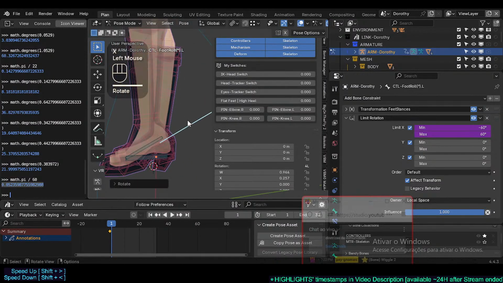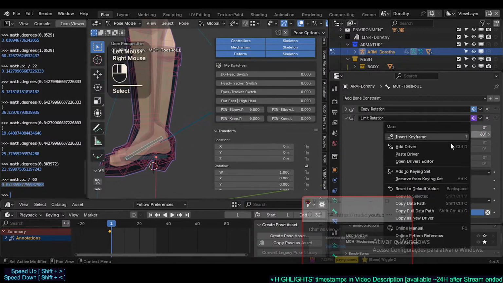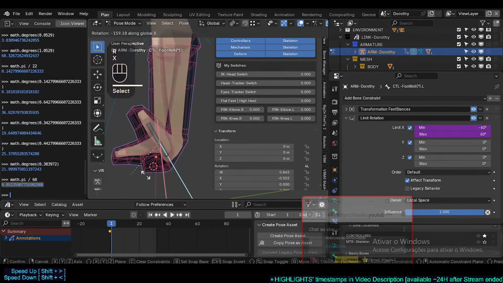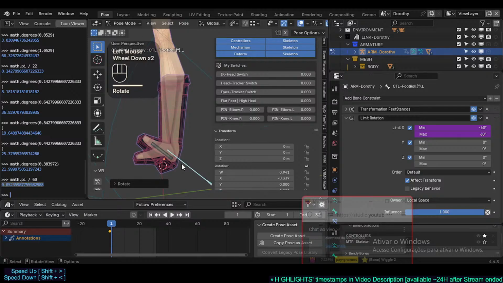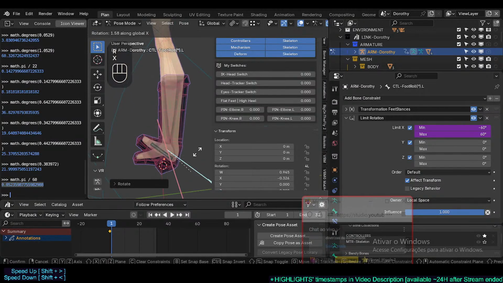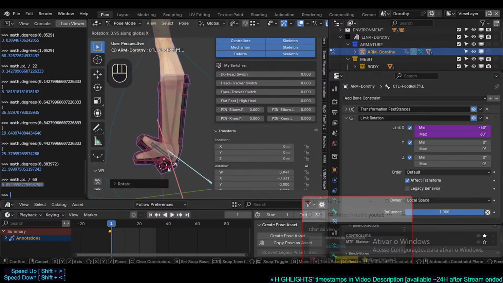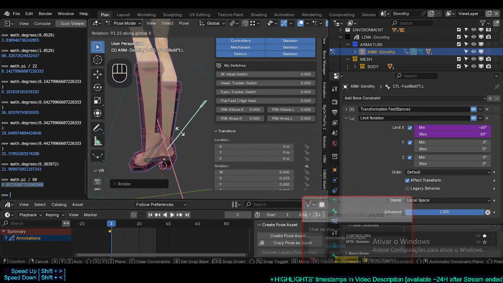Yeah, this is bizarre, right? But let's just do the simple thing. Copy driver, paste driver. So this should be the same, this should be the same. Oh, that's why it was not working before. Yeah, I think of course it needed adaptation here.